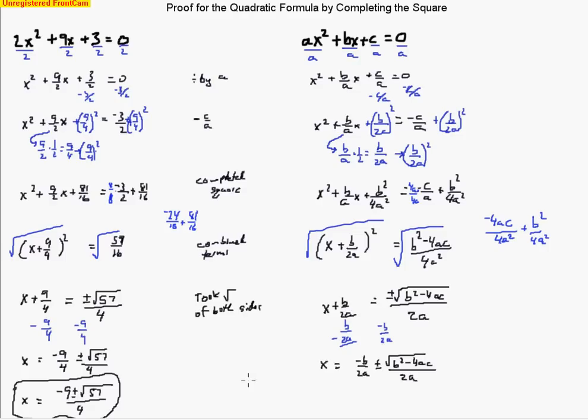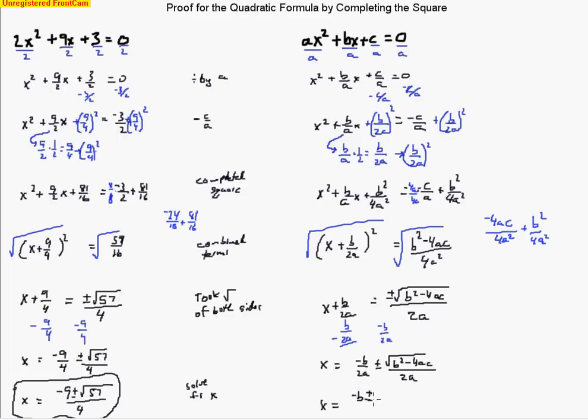Over on this side, again, what I ended up doing is just solving for x. On this side, we write down x equals negative b. See, again, the denominators are the same, so I'm just combining the numerators.